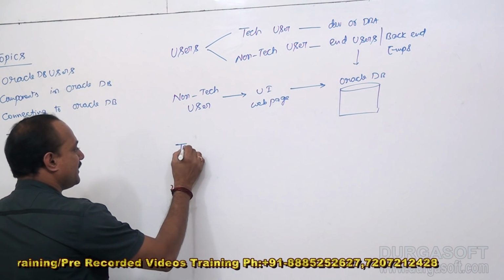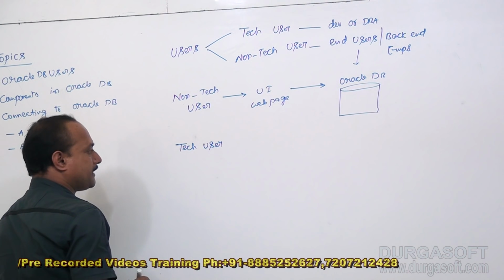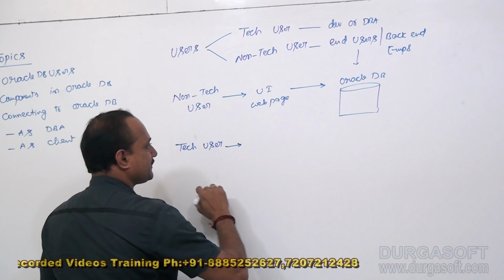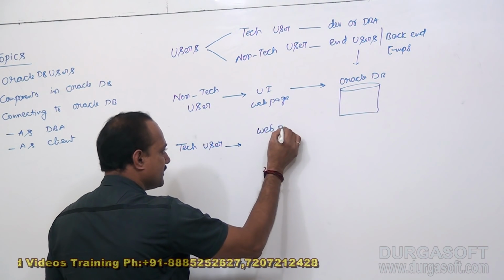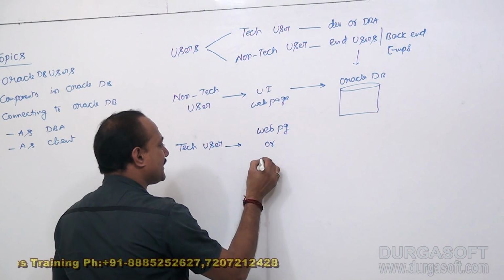Let us consider any technical user. In case of a technical user, either developer or DBA, they will interact with the database either using a web page, yes, they can, or they can use client tools.